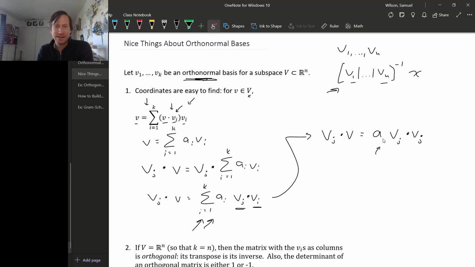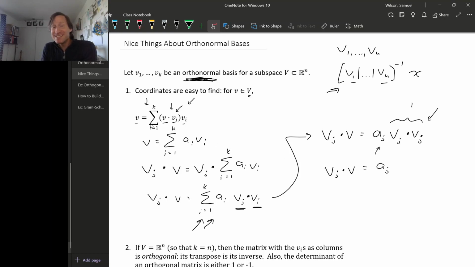So we need a_j here. But now the only dot product that survived on the right-hand side is v_j dot v_j, but remember, this basis is orthonormal, so every basis vector has length 1, and so v_j dot v_j is just 1. So it disappears. We just are left with a_j on the right.